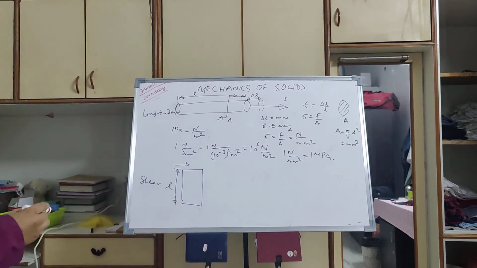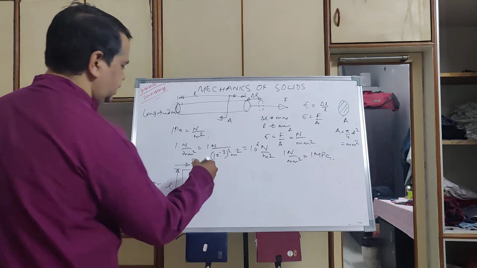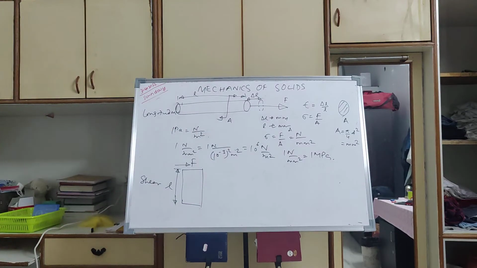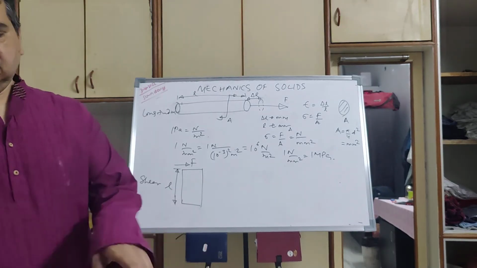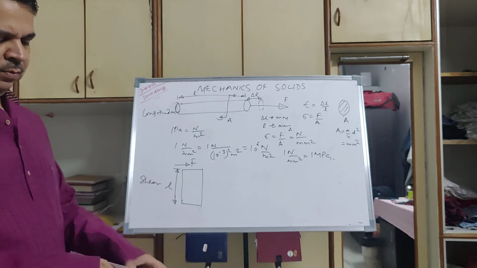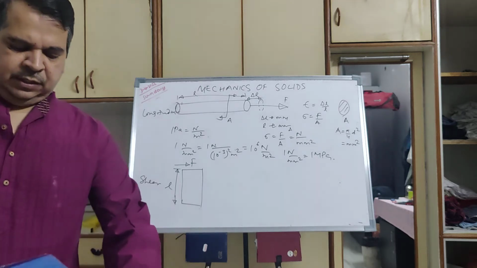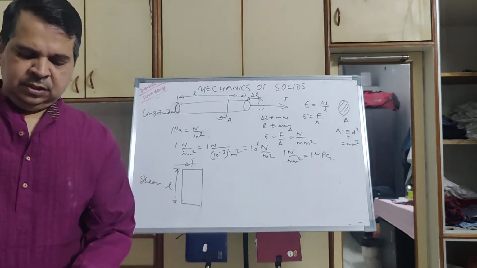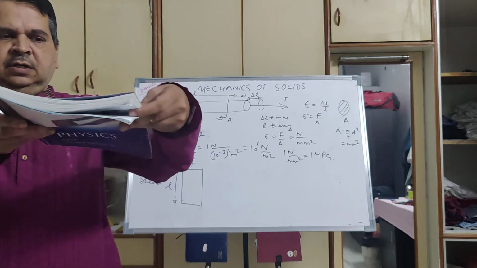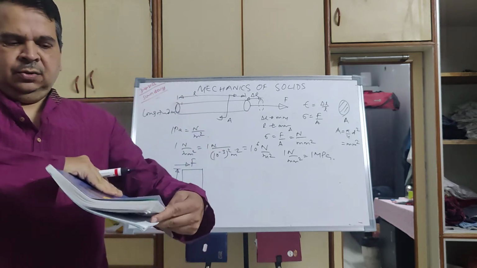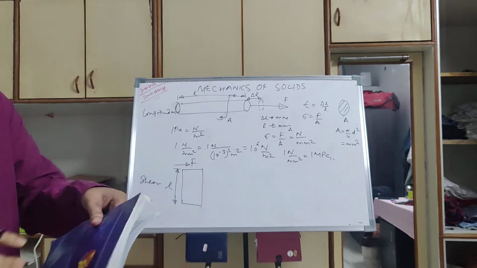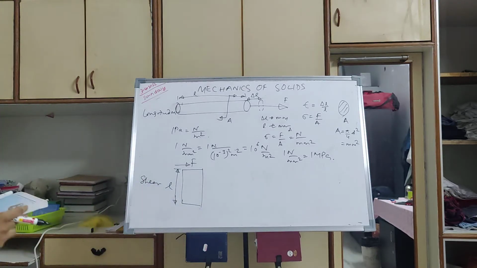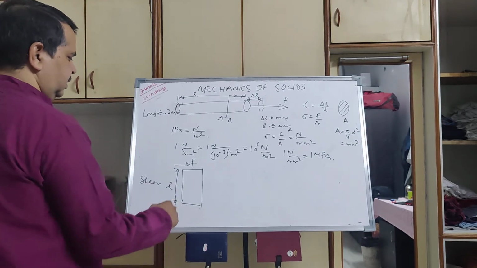When you are applying a force F that is parallel to the surface, I was telling you the example of this book. When you apply some load parallel to the surface, it will make an angle with the original vertical line.